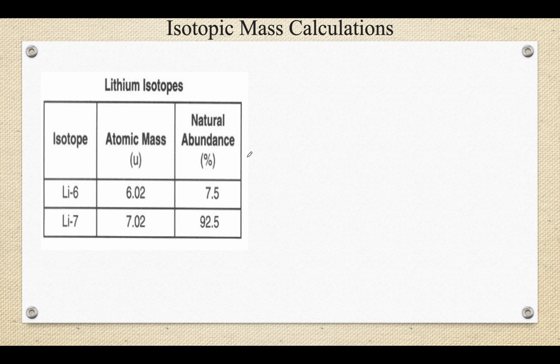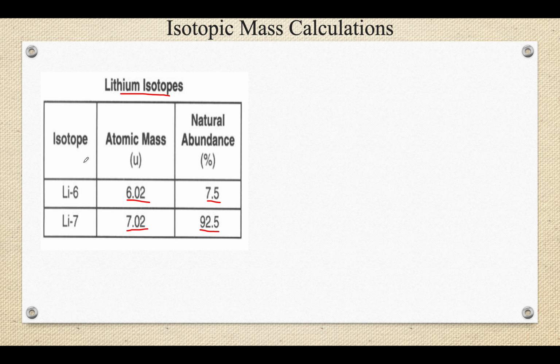So with isotope mass calculations, when we want to calculate atomic mass and we get those weird little decimal points, over here we have lithium isotopes. There's lithium-6, where its atomic mass is 6.02 and its natural abundance is 7.5%. So it's less abundant than lithium-7, whose atomic mass is 7.02 and whose natural abundance is 92.5%.